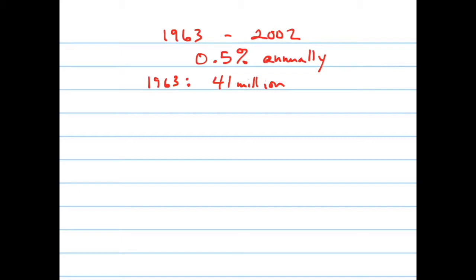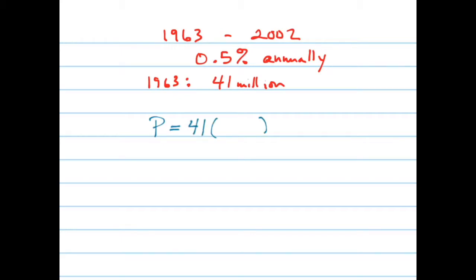So we want to write a function that models the number of acres of ponderosa pine forest in the western United States over time. Now, we're going to represent this as P for acres of ponderosa pine in millions. That way I don't have to write out 41 million, I could just put 41.